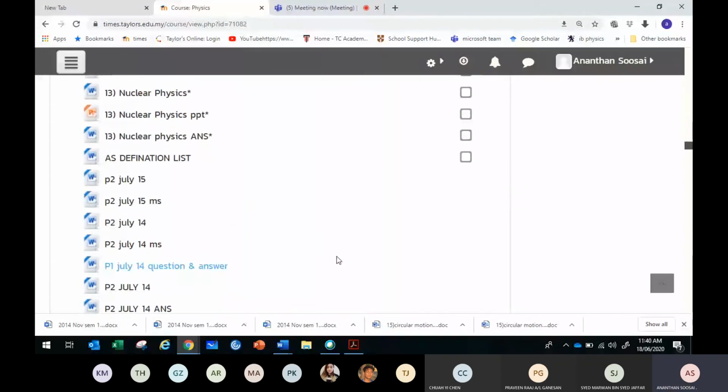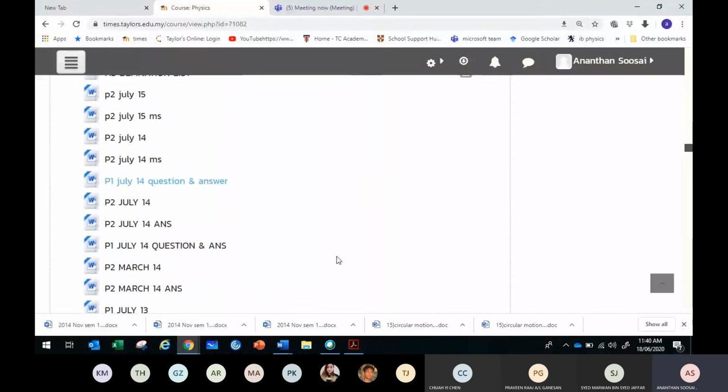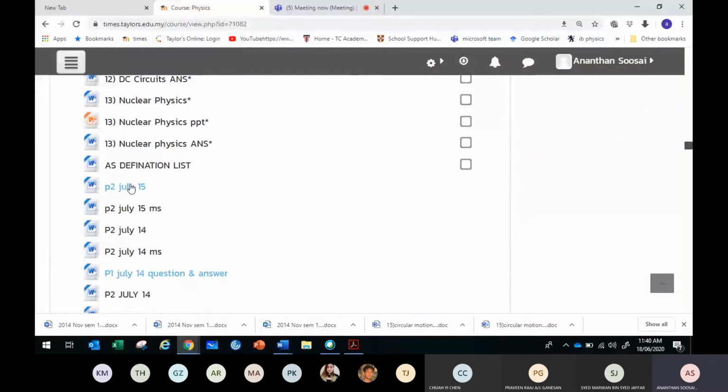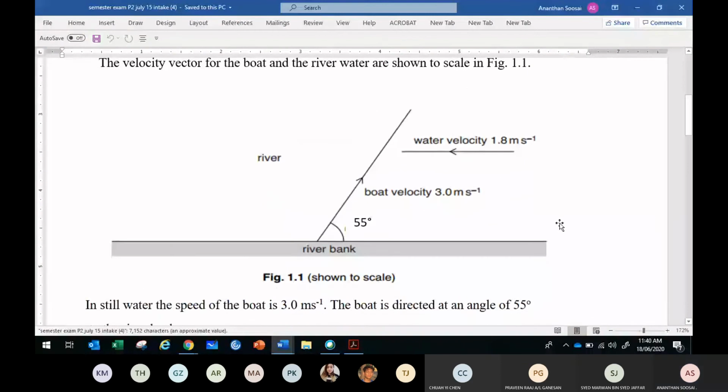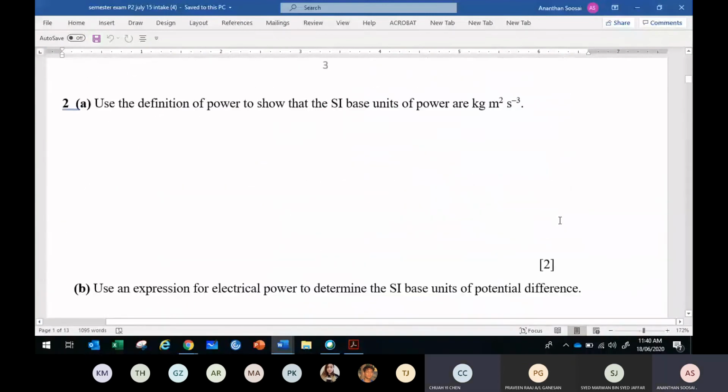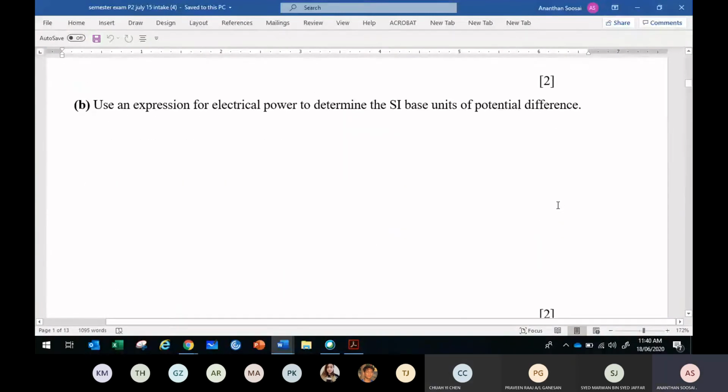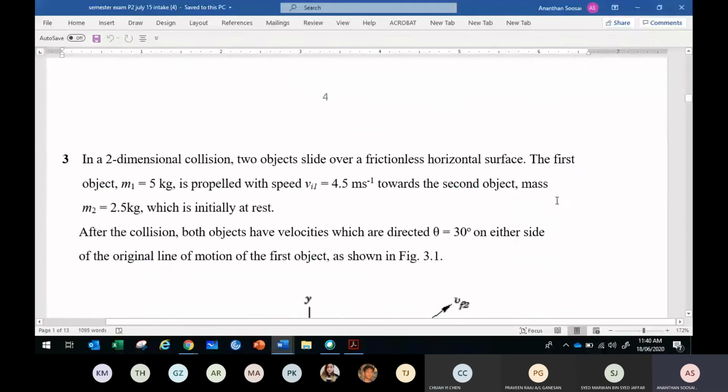The mark scheme should be quite helpful. But does anyone have a problem with paper 2? Paper 2, July 15, I think I asked you to do. After you check the mark scheme, does anyone have any problem?